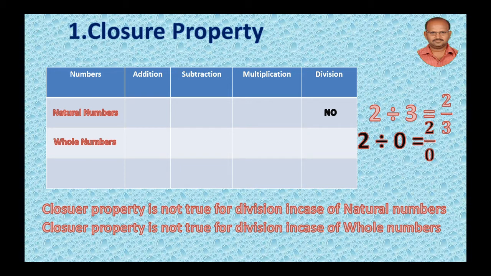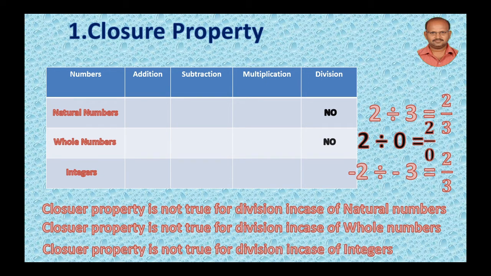Then go to integers. Dividing two integers, minus 2 divided by minus 3, the answer is 2 by 3. 2 by 3 is not an integer, it is a rational number. Closure property is not true for division in case of integers.